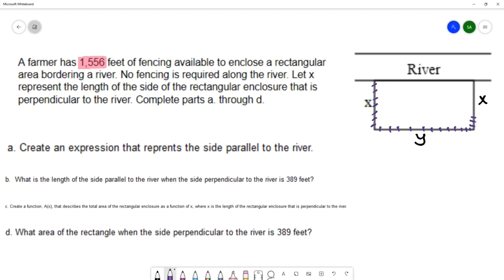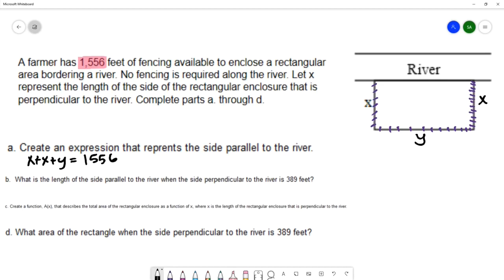Now, the more fencing that you use, the larger area you can create. So we're going to use all of the fencing to create this rectangular enclosure. So we know that if we do X plus X plus Y, the sum of those three sides, it'll equal the amount of fencing that we have.